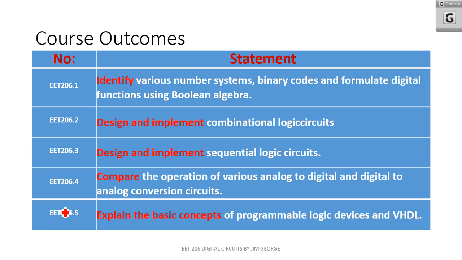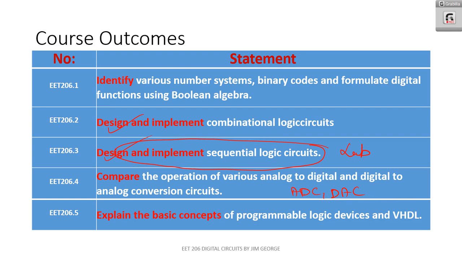That means I am having a link with the digital lab also. Since you are doing the lab in this semester, you will get the design and implementation part also. Then the fourth outcome is to compare the operation of analog to digital conversion (ADC) and digital to analog conversion (DAC).